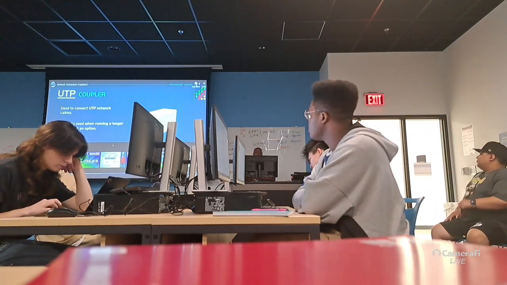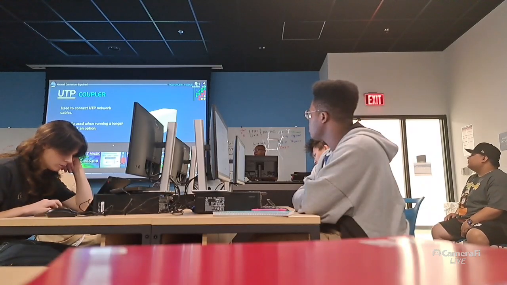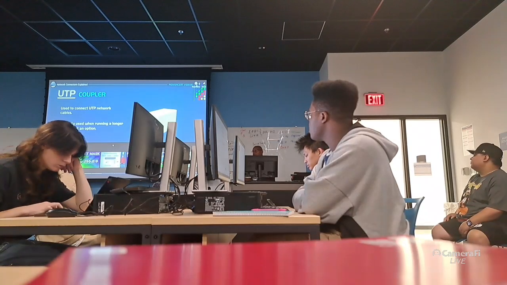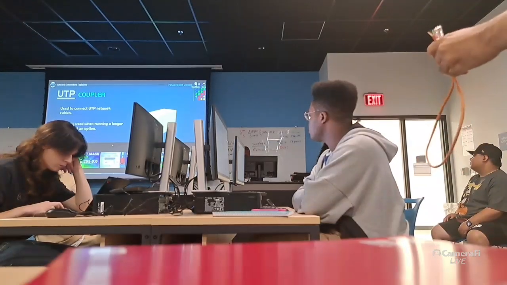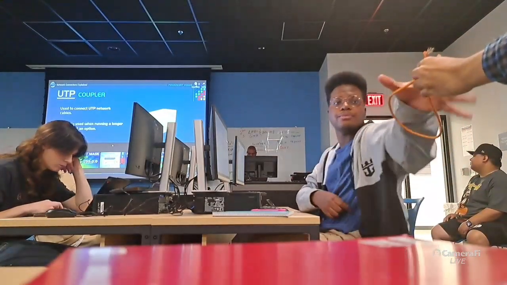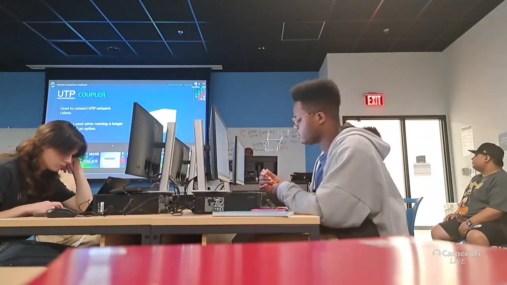We learning, right? If you see UTP, that's unshielded twisted pair. STP is shielded twisted pair. I'm telling you right now, most of what you're going to see is unshielded, because shielded is expensive.